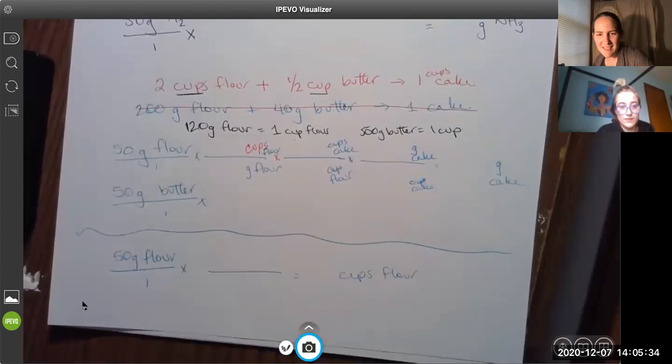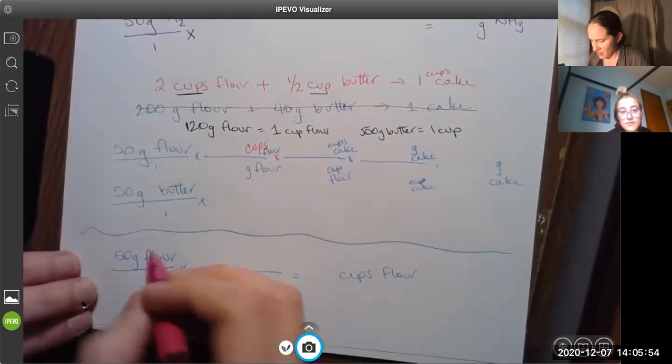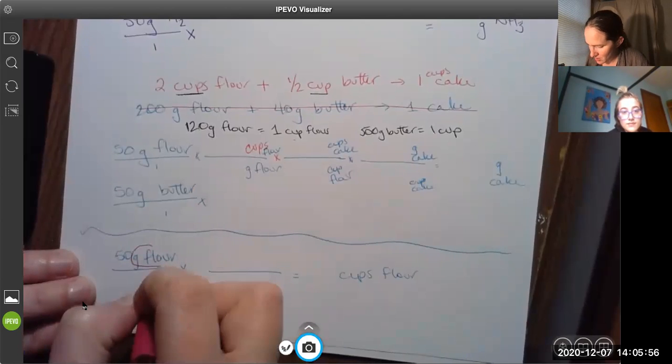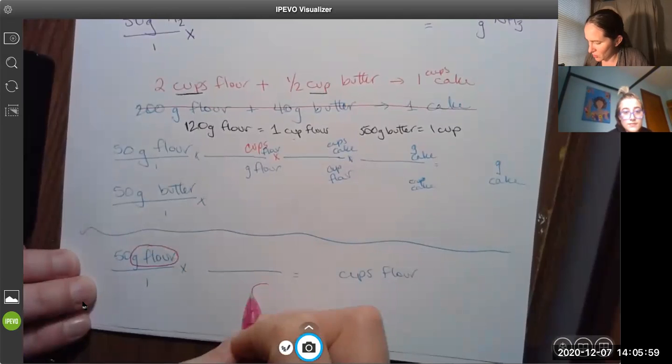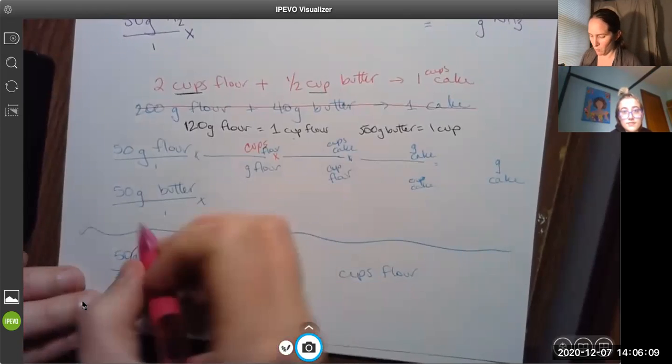Okay, so how do we solve? Yeah. How do we solve? Well, it's the conversion where the unit you start with, you're saying you want to know how many grams per cup. So we start with the grams, but we want to get rid of the grams.